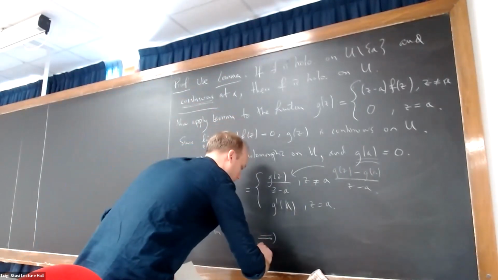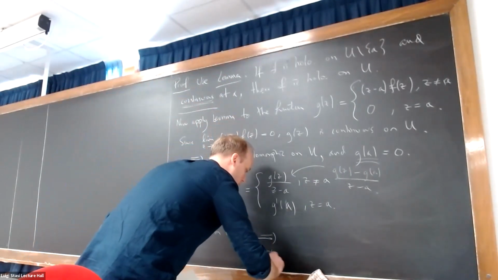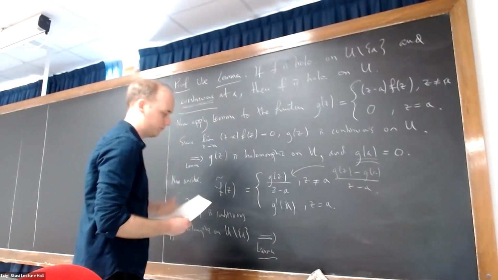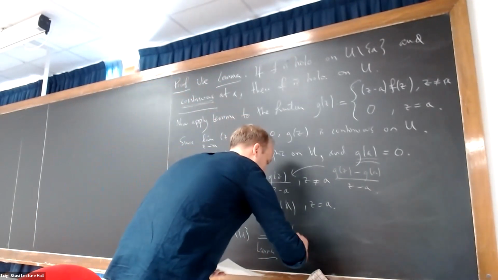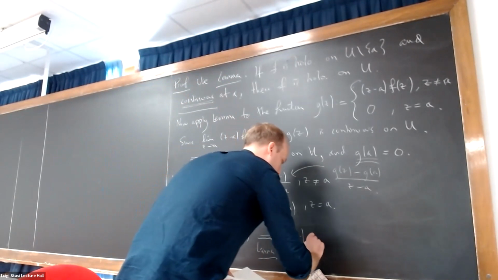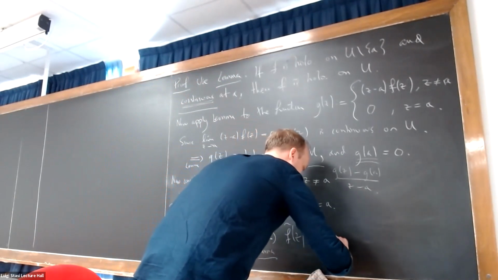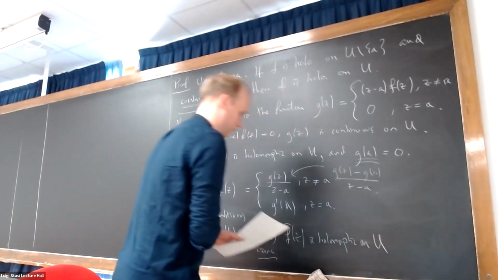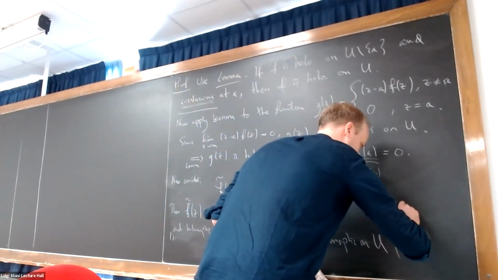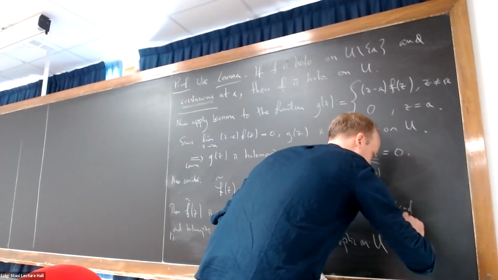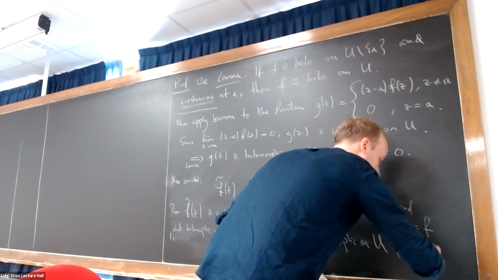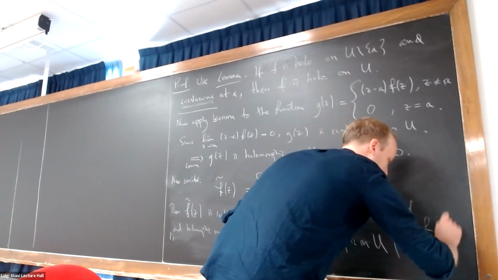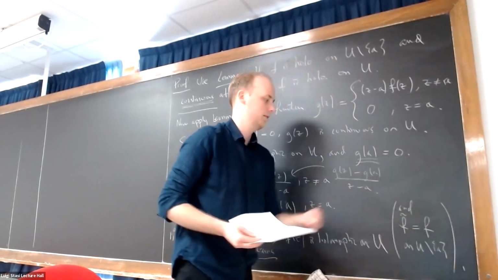So this implies now, again we apply this useful lemma up here, to conclude that f tilde of z is holomorphic on u. And of course, f tilde is equal to f outside of a.